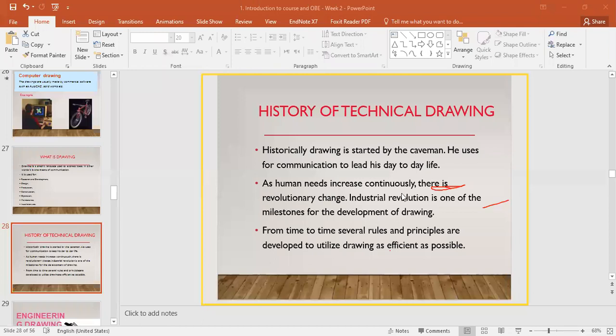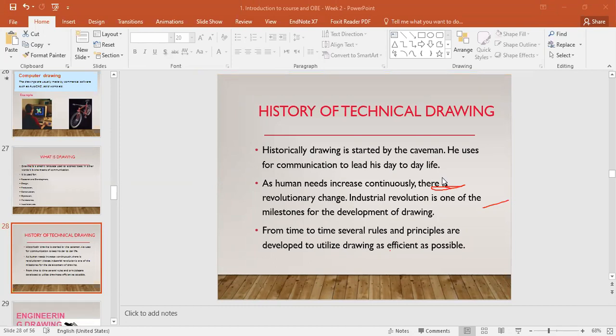As human needs increase continuously, I can tell you the subject of these lines: with the advancement, we have improved drawings. The caveman used only stones or sticks to draw on the ground.